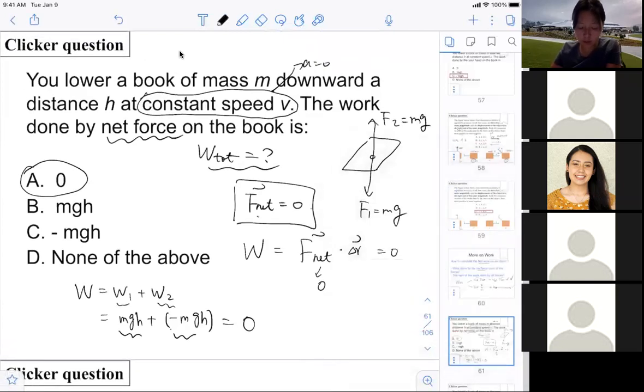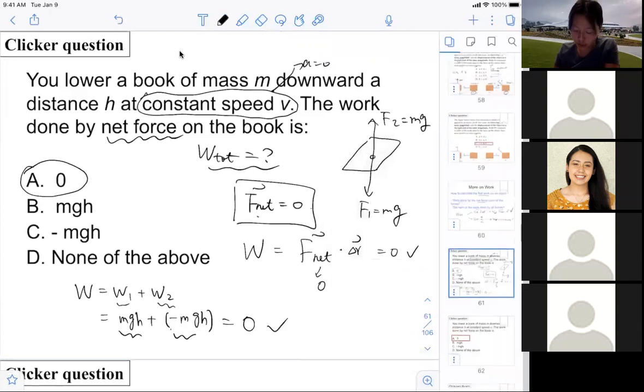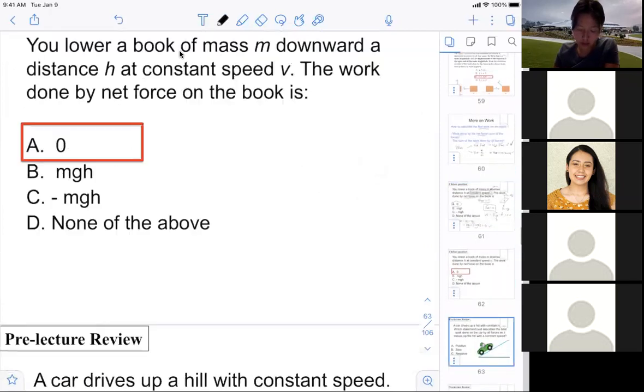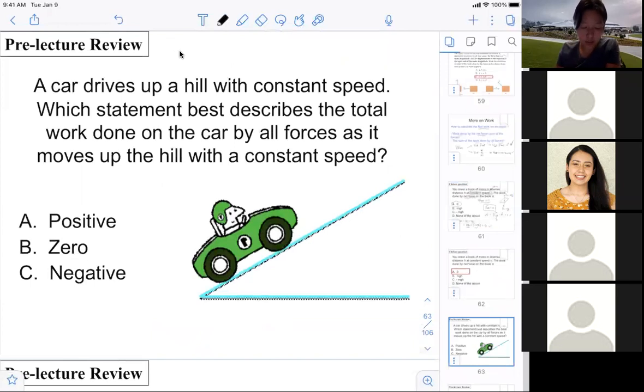For this problem, you probably don't notice too much of a difference in terms of which approach to use. But if I chose to give you another problem, you probably realize one approach is better than the other. So you have a car driving up the hill with constant speed.